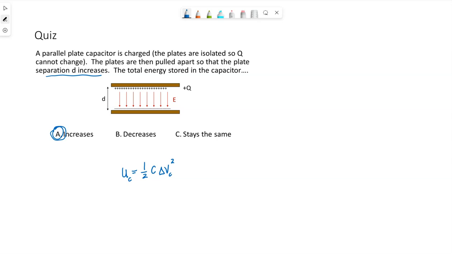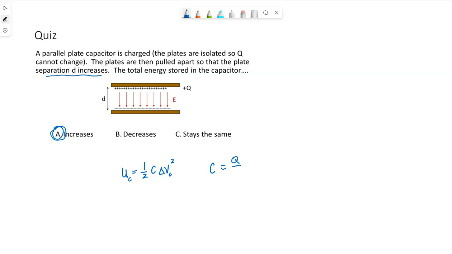But if we change capacitance, we know capacitance is determined by the cross-sectional area and distance, but it is also directly related to the charge and potential difference.